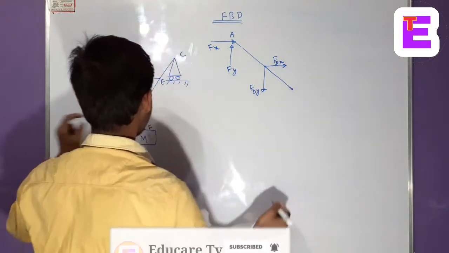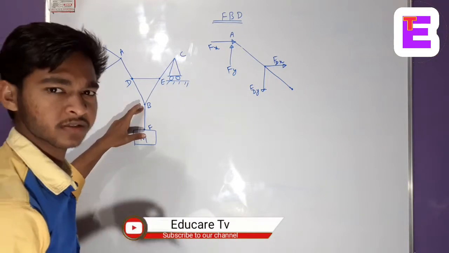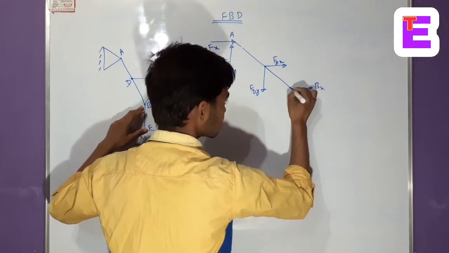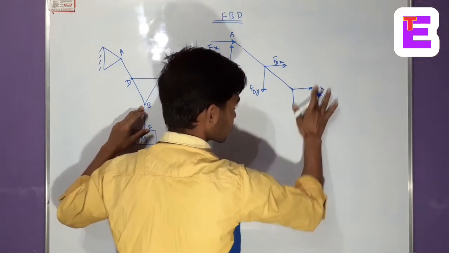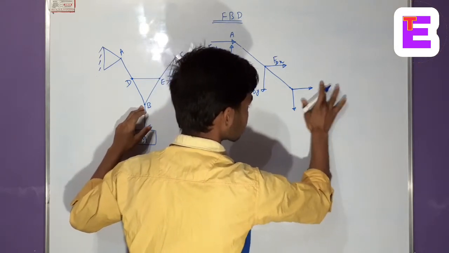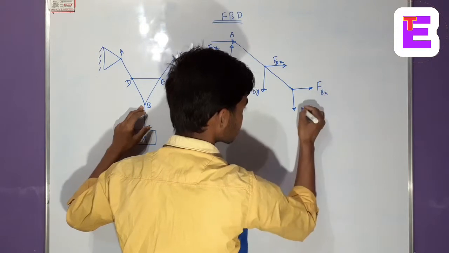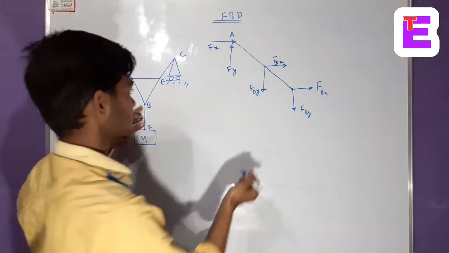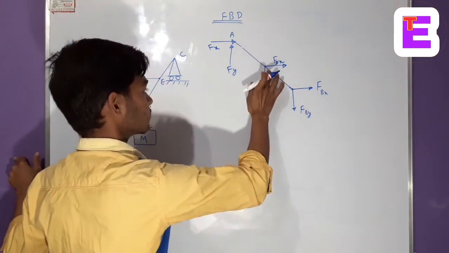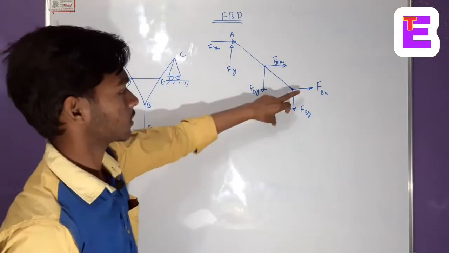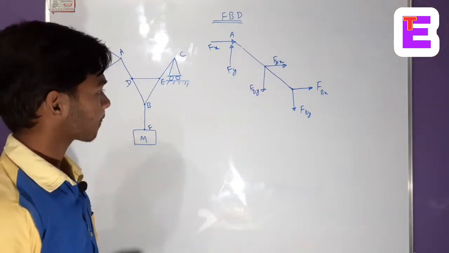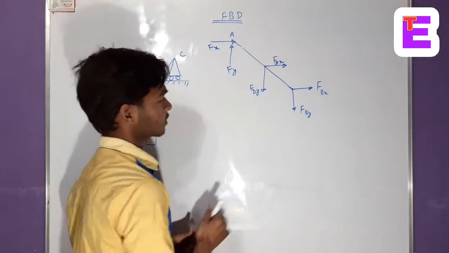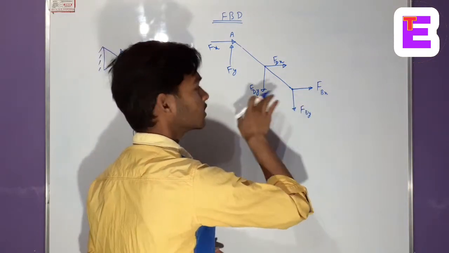This is point B, and at point B it will also experience some force in the x direction as well as the y direction, FBx and FBy. Okay, sorry, this is point B and this is D. Now I think you have a question: why have I taken the direction of force Bx in the right direction?